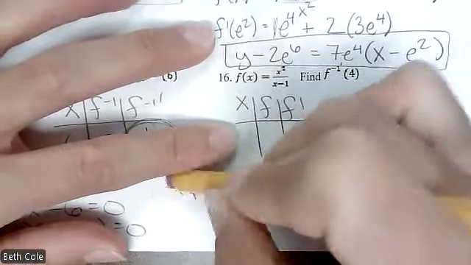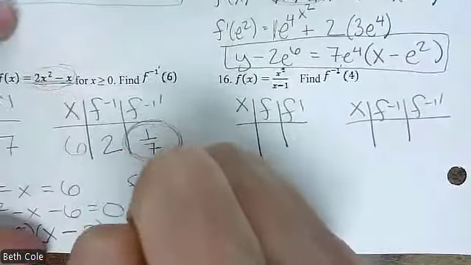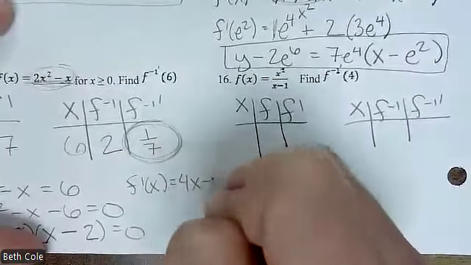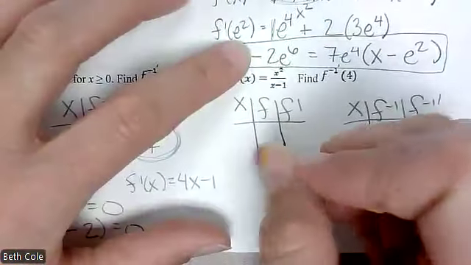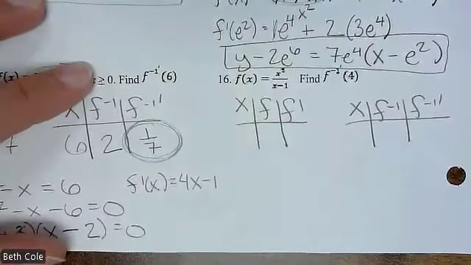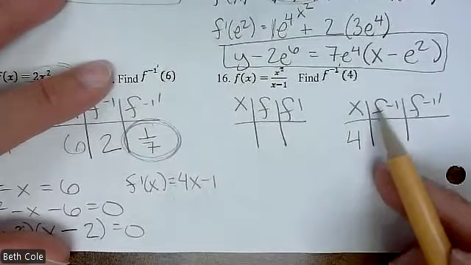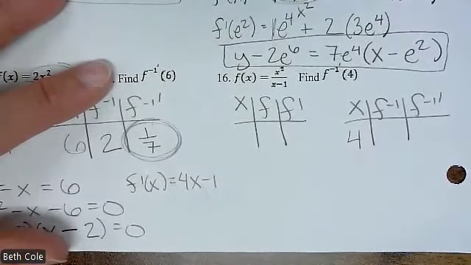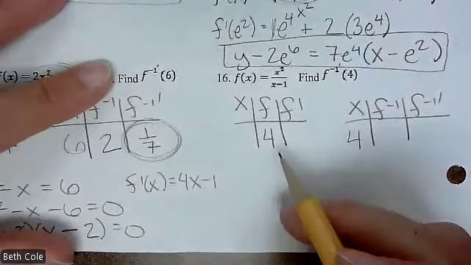After you make your tables, try and figure out where you want to put that 4. Needed to leave some space to do this one. What column is the 4 going to go into? Yeah, it's your input for your inverse function, which means it's also going to go right here.